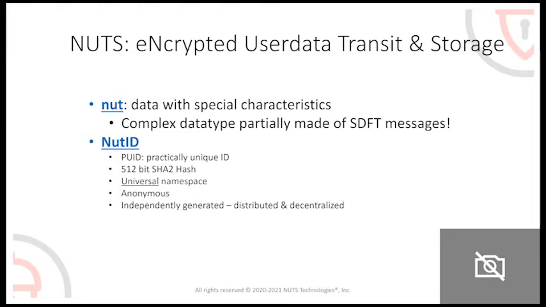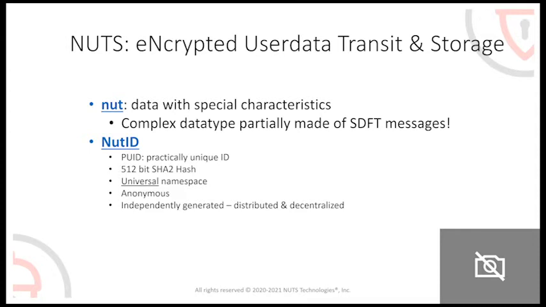One of the main characteristics that we've put in is called the NUT ID. It's a very large number, a 512-bit SHA-2 hash, made from various entropy material within your computing environment. So we consider it a practically unique ID, which is kind of a more accurate representation than a UUID or GUID, and it is much bigger.